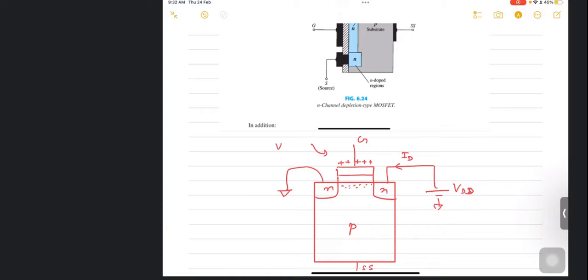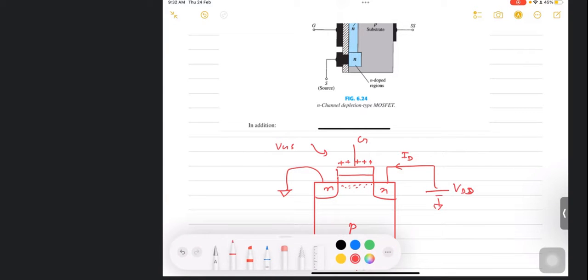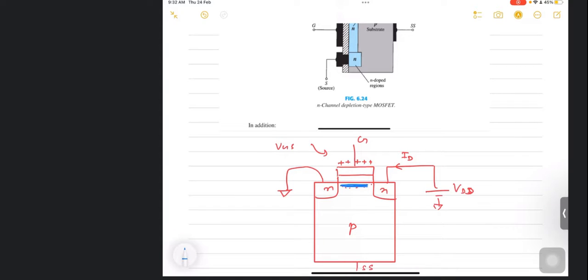But we have to apply minimum VGS so that a channel is being formed here. This is channel. So you need some minimum amount of electrons here so that ID flows.